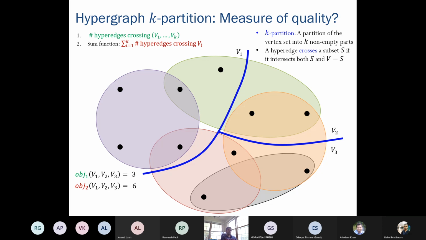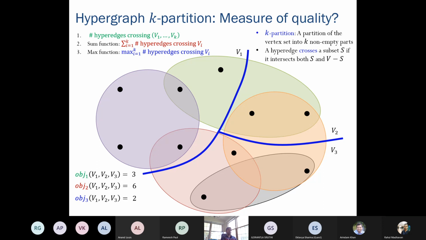In this example, the number of hyperedges crossing V1 is 2, V2 is 2, and V3 is 2, so the sum is 6. Or we could measure the quality by the max of the number of hyperedges crossing the K parts. In this example, the max is 2.